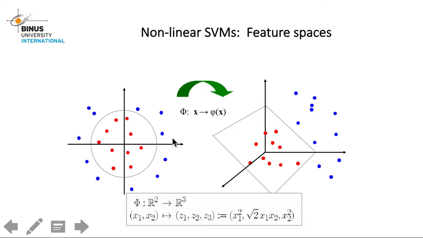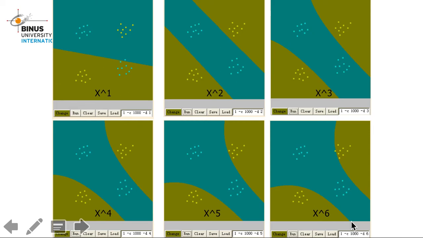We want to go up higher so we can linearly separate the data like this. The idea is the same. We just need to map the data from the 2-dimensional space to a 3-dimensional space. So instead of using x1, x2, we have z1, z2, and z3. This is the visualization of polynomial degree.